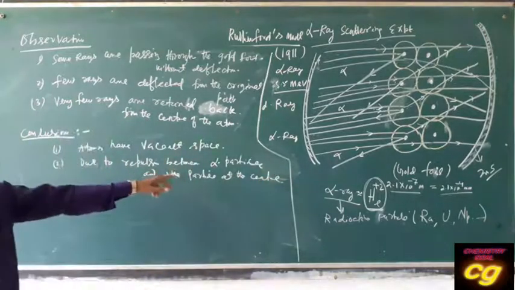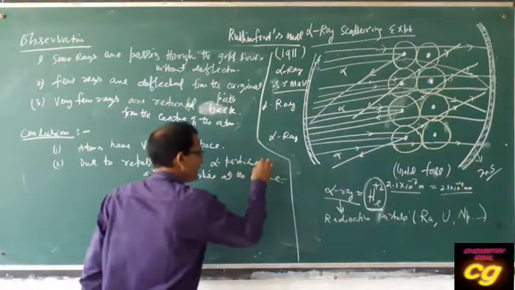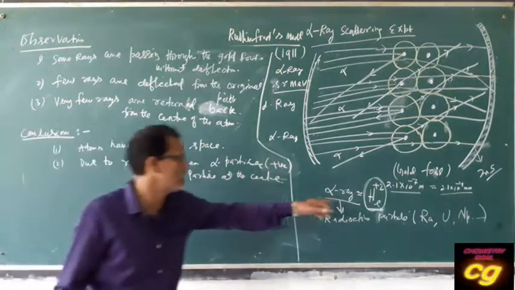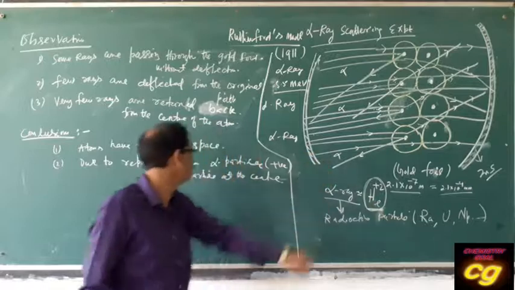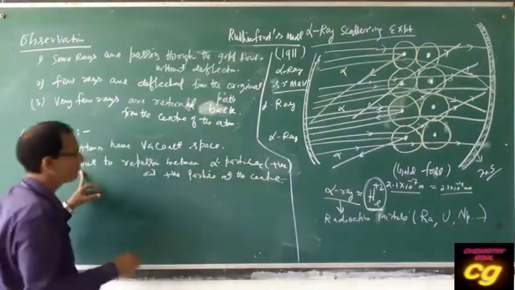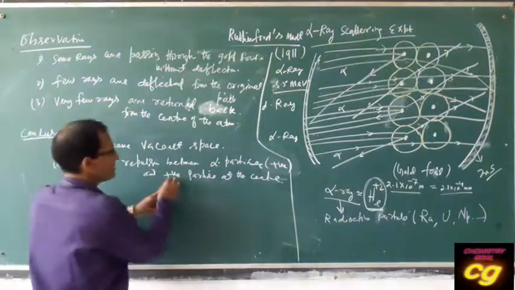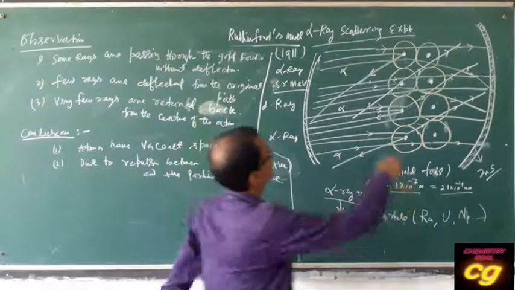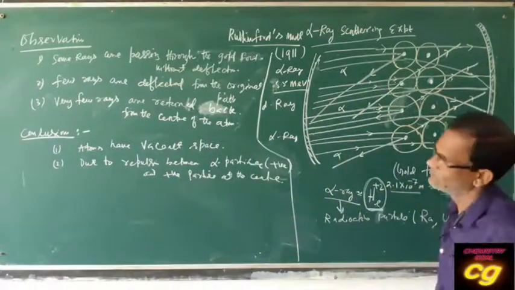Because the alpha particle also carries positive charge. Already we have taken that alpha ray is just like double-charged helium. Due to repulsion between the alpha particle and the positive particles at the center, the ray gets deflected.